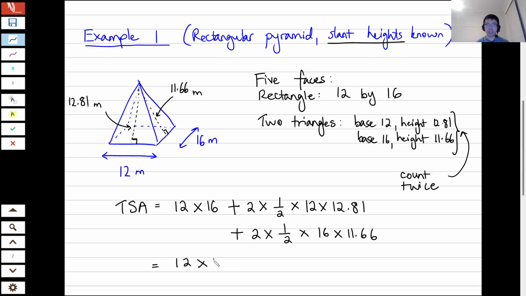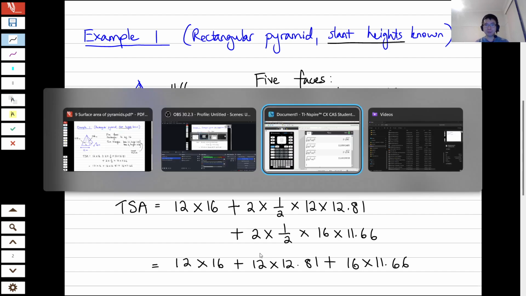So we can actually simplify this because the 2.5 will cancel each time. So I'm just left with this calculation. And at this point, I will need to use a calculator.